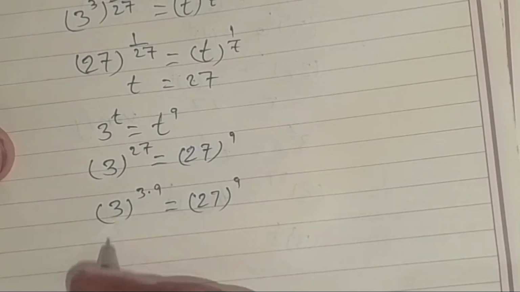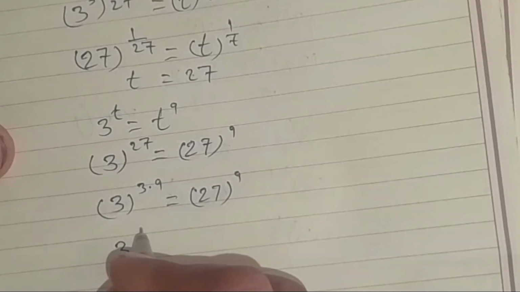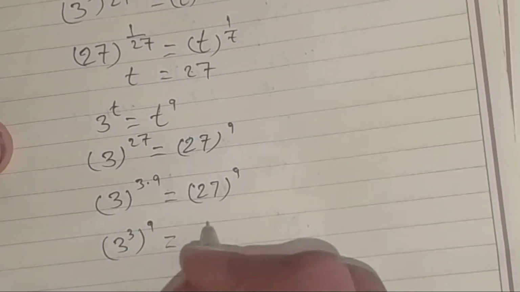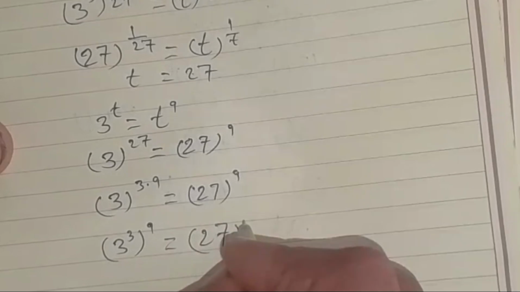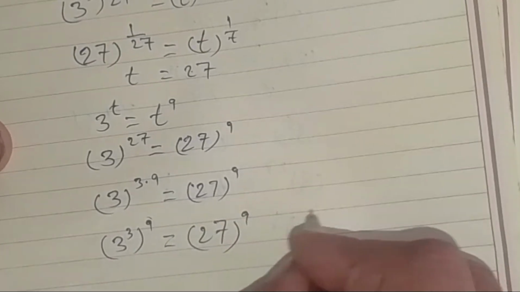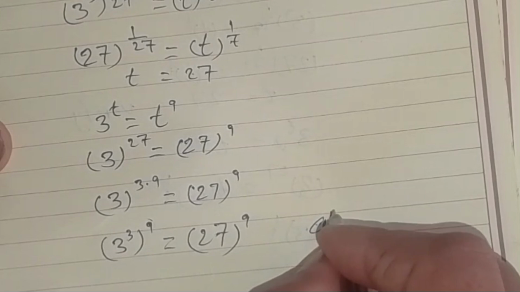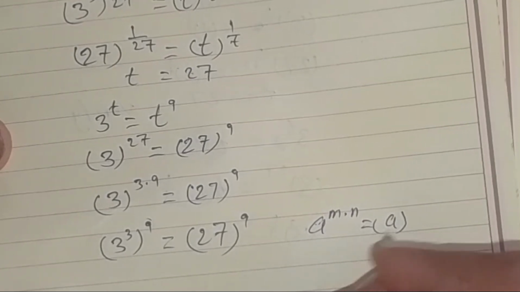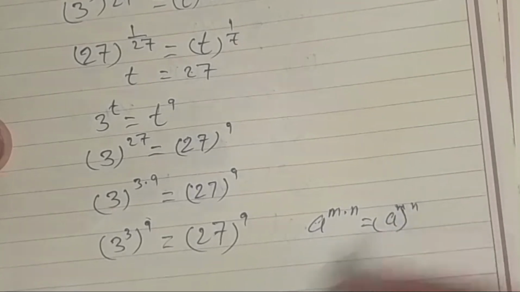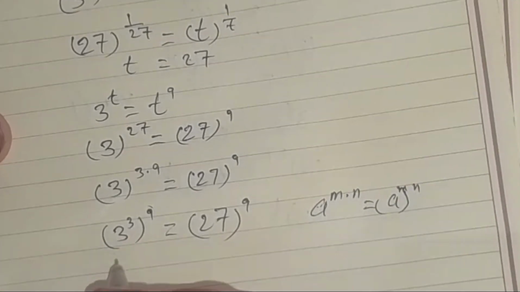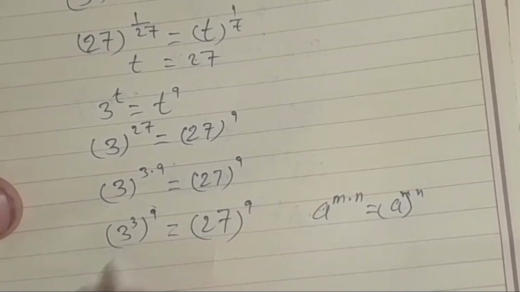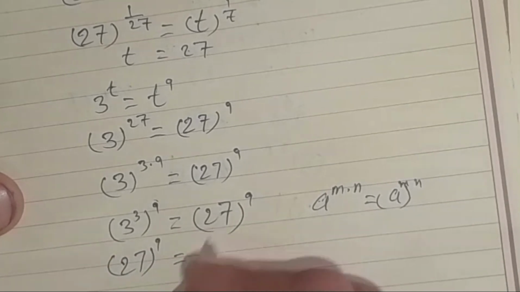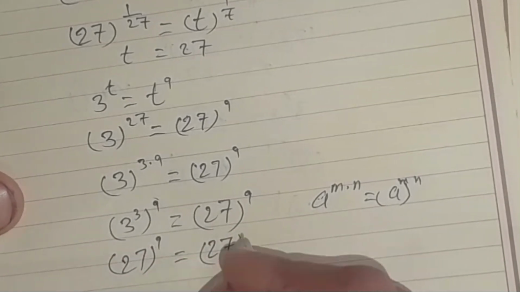Now we write it as 3 power of 3 power of 9 equal to 27 power of 9, because here we know that a power of mn equal to a power of m power of n. So 3 times 3 power of 3 gives us 27 power of 9 equal to 27 power of 9.